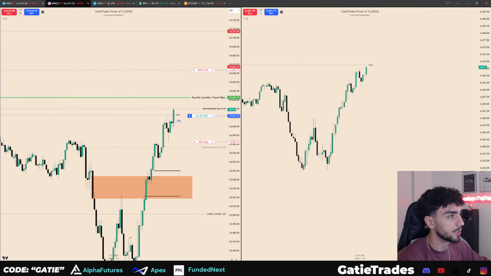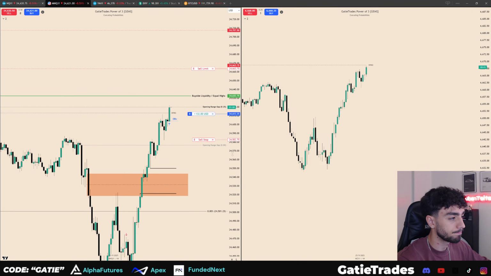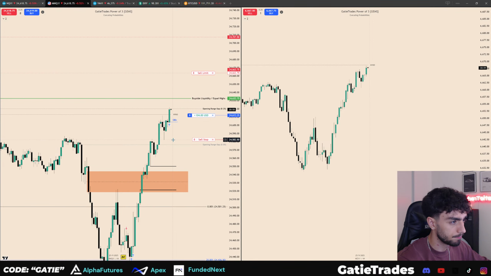Aiming for 50% opening range gap because we reached 25. Stop loss is if we close below here. It's an aggressive protraction model, but I like it. It's fine. Again, I am de-risked. So like I said, only 1 micro on alpha futures, 2 micros on apex.